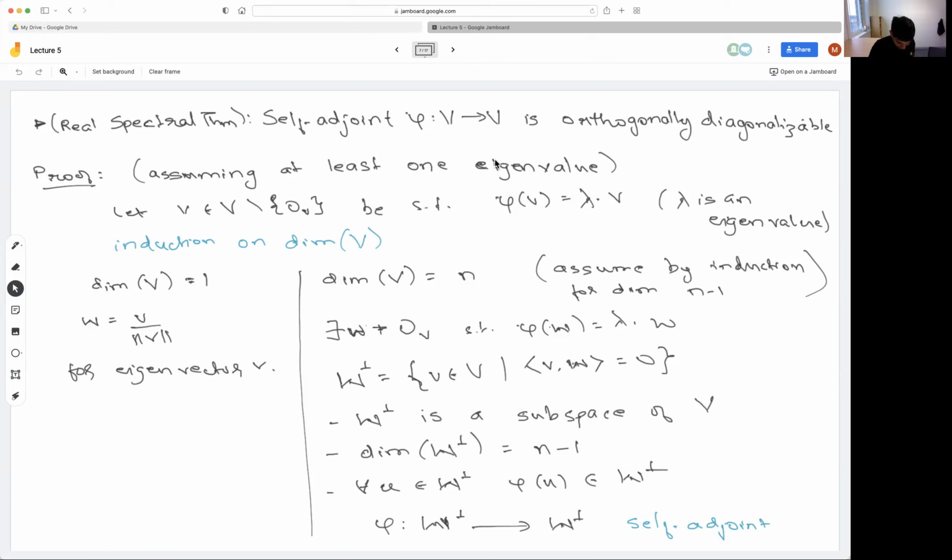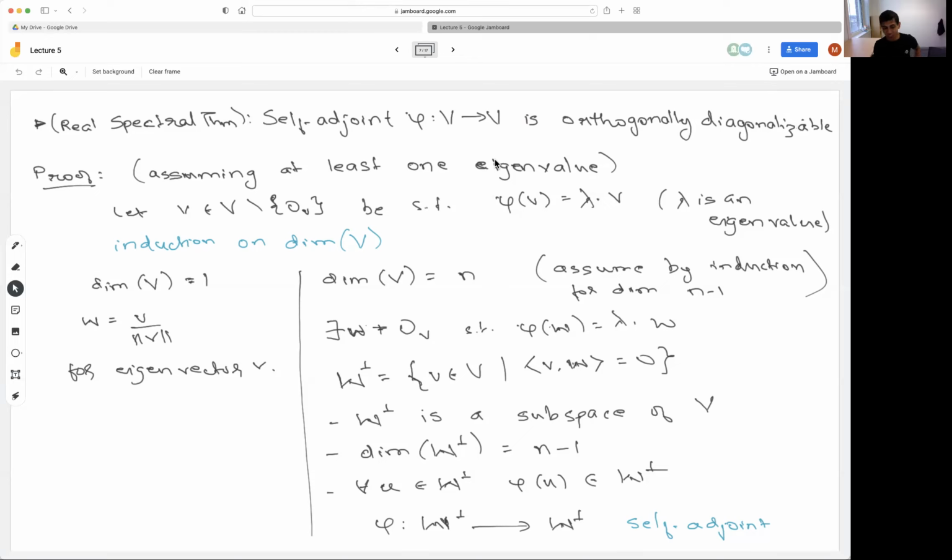Right. Maybe I should have used a different notation. The theorem is that any self-adjoint linear transformation from a space V to itself is orthogonally diagonalizable, or has an orthonormal basis of eigenvectors.